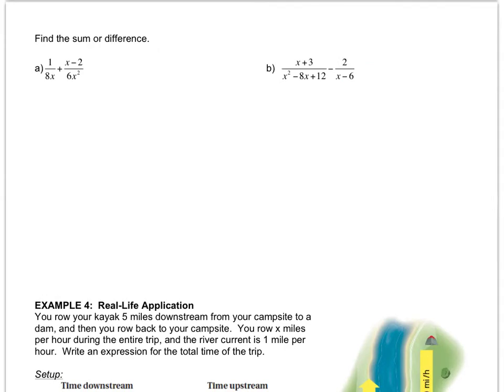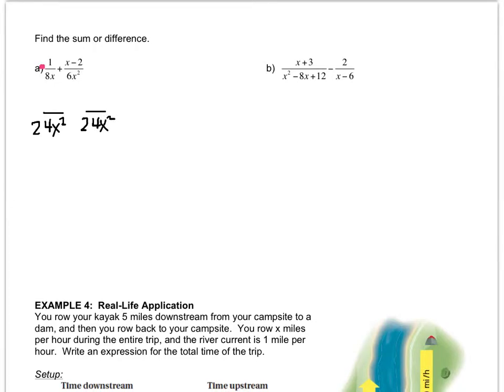So first I need to get a common denominator. The common denominator for 8 and 6 is 24. And for the variables, it's going to be x squared. So I need to figure out what I have to multiply each of these by to get 24x squared.